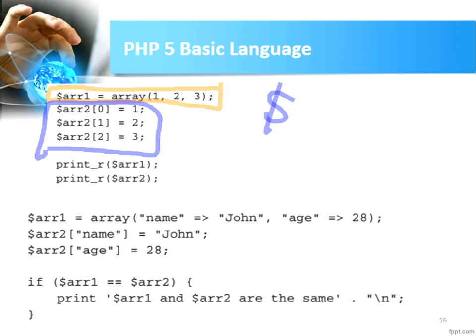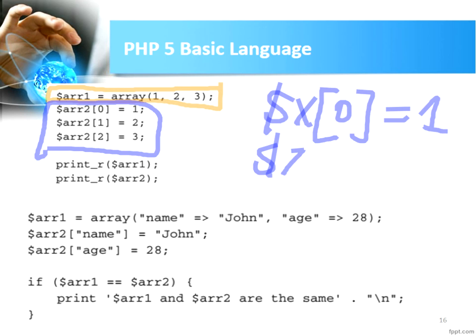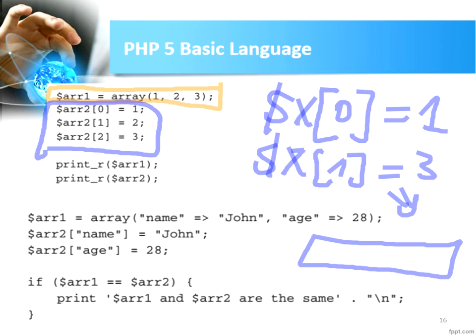So if I write, for example, $x and this symbol, [0] = 1, $x[1] = 3, that means I will create an array with two elements, 1 and 3. It is clear?